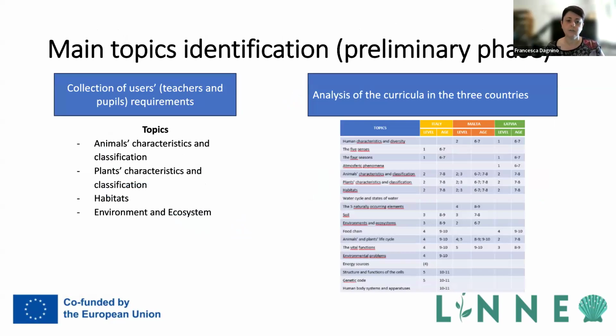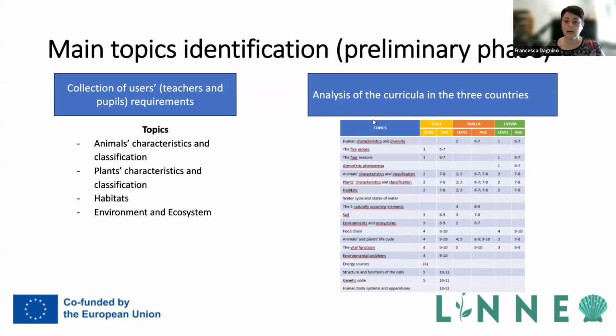Thanks to the collection of user requirements, we identified 4 topics that were considered of main interest in the field of natural sciences education, and these are animal characteristics and classification, plant characteristics and classification, habitats, and environment and ecosystem.